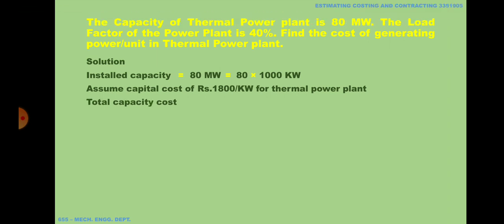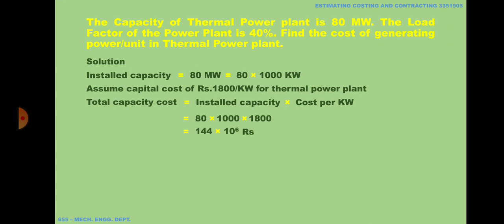Now the total capacity cost is equal to installed capacity into cost per kilowatt, which is equal to 18 into 1000 into 1800, which is equal to 144 into 10 raised to 6 rupees.